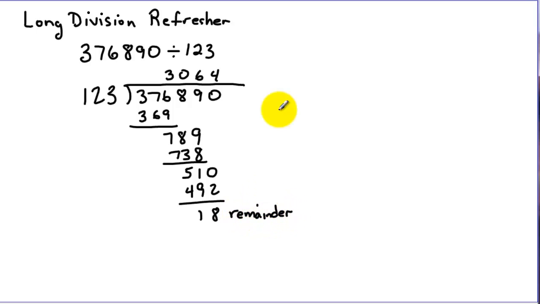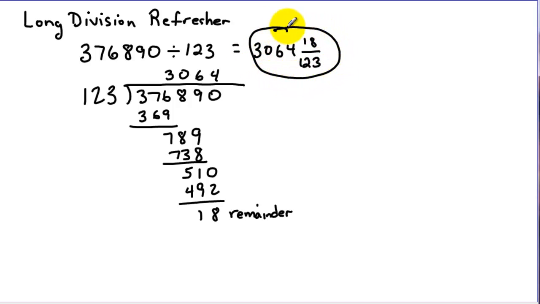So 123 did not divide evenly, and we could write the result as our quotient here, this number, and then the remainder we put over what we were dividing by. So this is our mixed number result when we do this division.